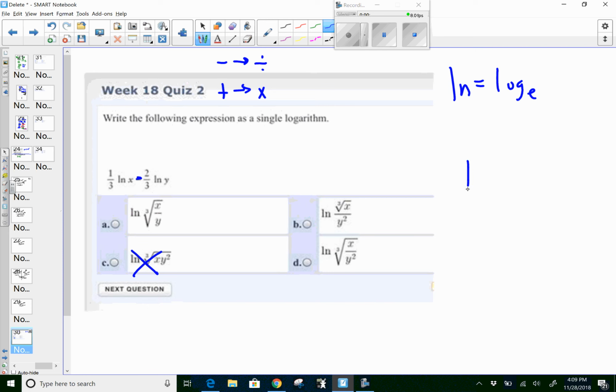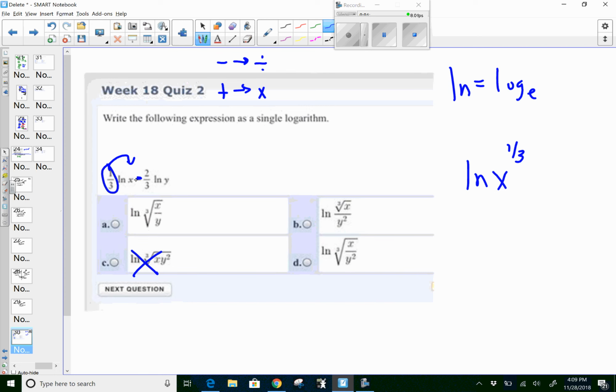So I'm going to rewrite it like this. So it's going to be ln, and then you have x, and if you look at this right here is the exponent, so that gets kicked back right here. So the 1/3 goes as the exponent of the x.